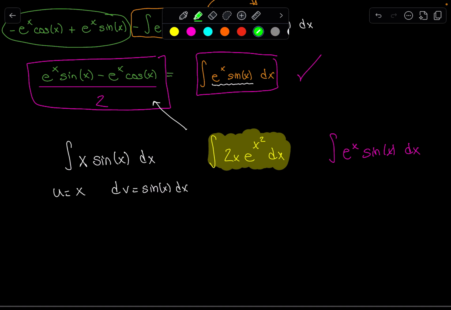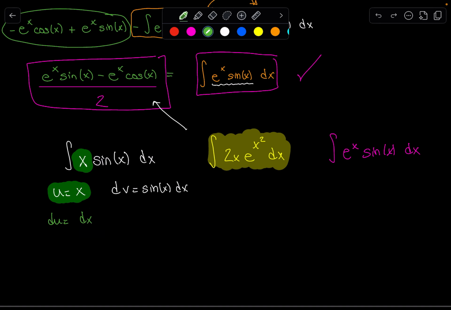And the reason why I made this decision is because I know that if I take the derivative of x, what's going to happen to it as I keep going, right? The derivative of x just becomes 1. And if I needed to do integration by parts again, the derivative of 1 would become 0. And the whole point is that as I take this derivative and I get du equal to dx, this first term becomes simpler, or in this particular case, it gets completely eviscerated.